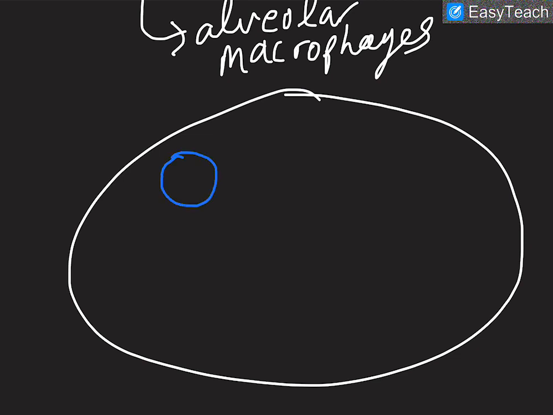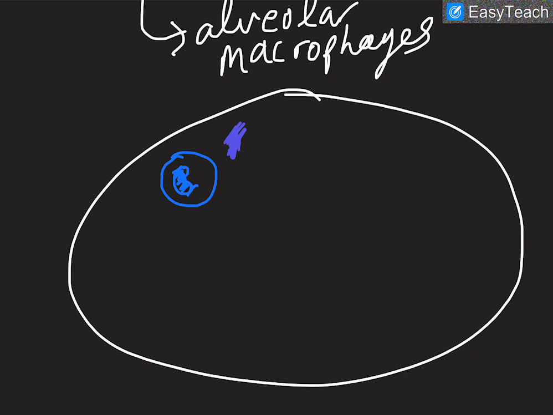Then you have your Mycobacterium tuberculosis that has reached your alveoli. Your alveolar macrophage will try to phagocytose this pathogen and engulf it.